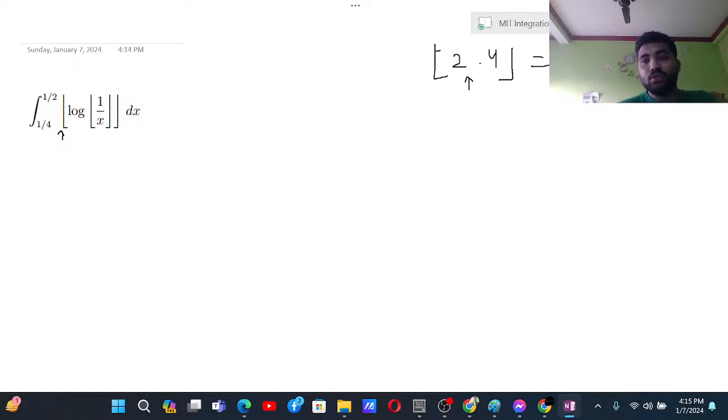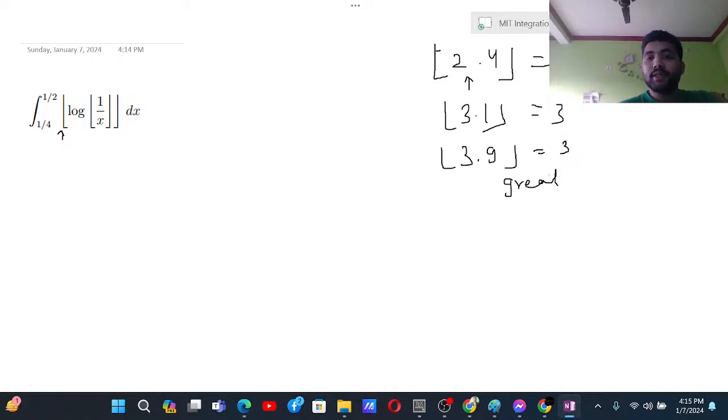So if we have 3.1, that would be 3. Even if we had 3.9, that would be 3. So this is how GIF works. We have to find the greatest possible integer smaller than the number.